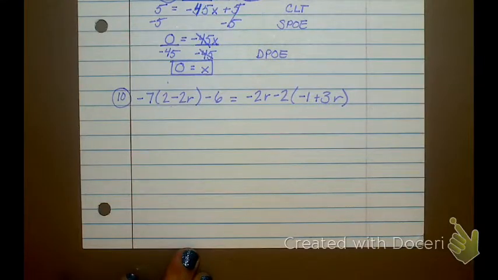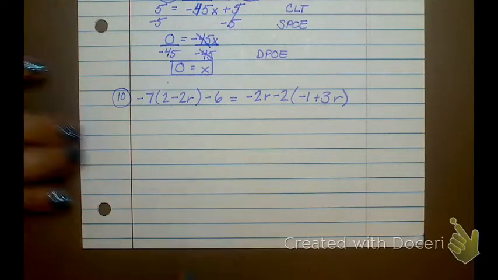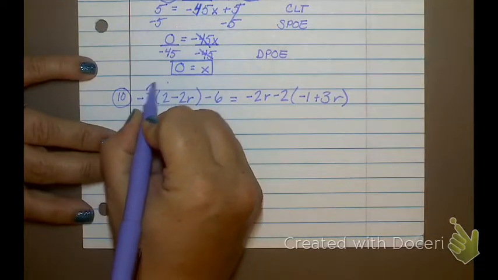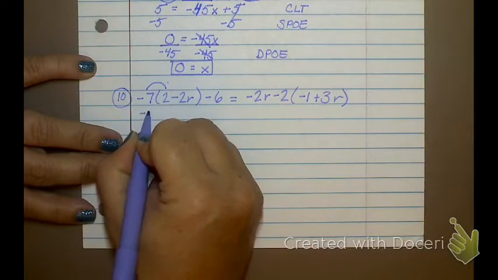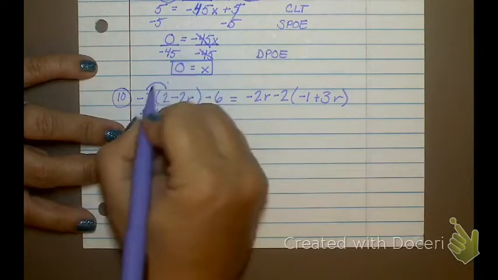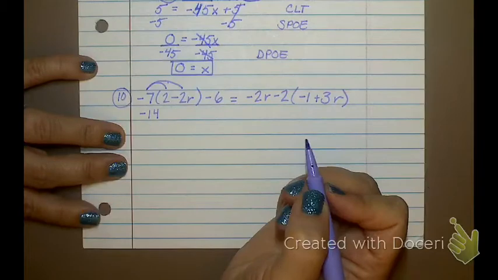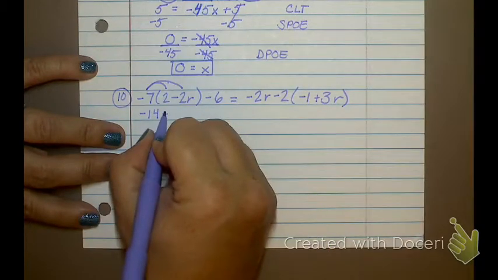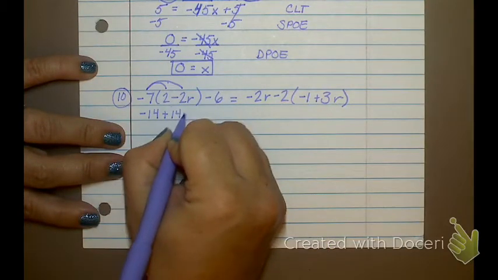Still has two distributive properties, but what's different about it? They're on the opposite sides of the equal sign. So I'm going to go ahead and do negative 7 times 2, which is negative 14. Negative 7 times negative 2r, positive 14r.